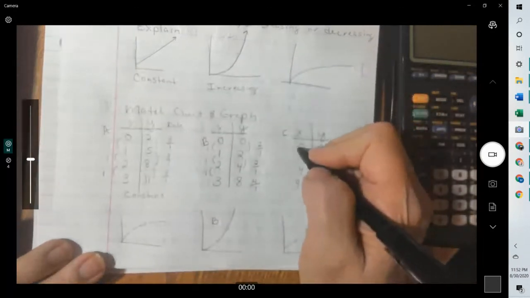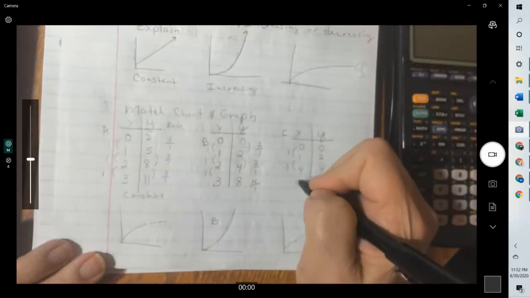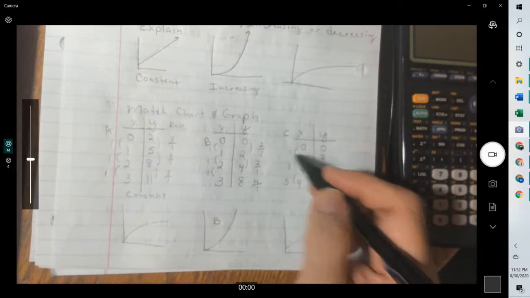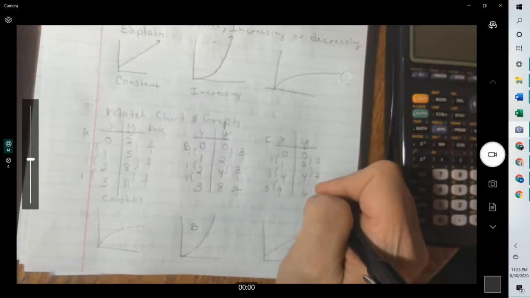This one here, it should be decreasing. If we look here, this one goes by 1, but this one goes by 3, and this one goes by 5, just by subtracting. 9 minus 4 is 5, 4 minus 1 is 3, and 1 minus 0 is 1. And do the same thing on this side. 2 minus 0 is 2, 4 minus 2 is 2, and 6 minus 4 is 2.